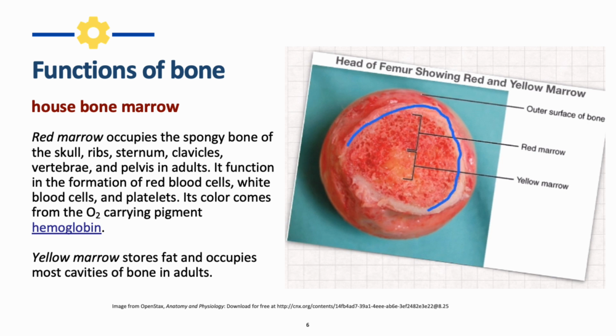The outer portion of a lot of bones is this very compact, dense bone, and the inner portion tends to be this spongy type of bone, which has these nooks and crannies, little areas that are filled with marrow. The head of the femur actually contains both some red marrow and some yellow marrow, and we can see the differences here. Red marrow has that red color because of the blood cells that are forming in it, and yellow marrow, because it's a fat storage site, is yellowish, which is the color of lipids.